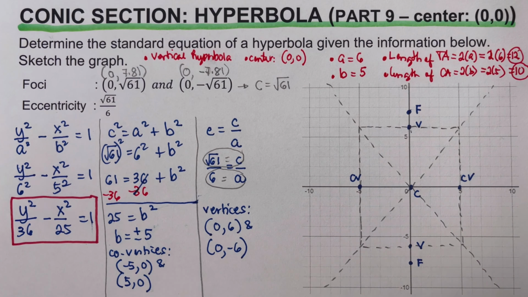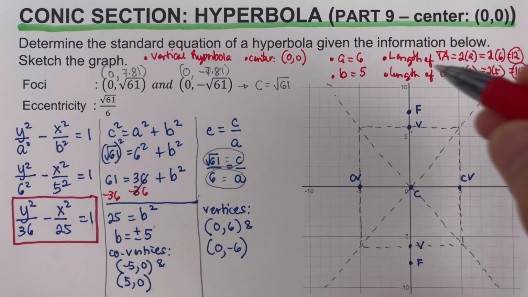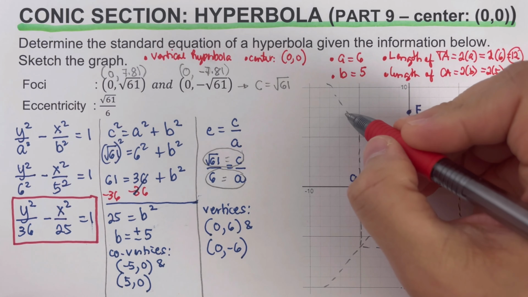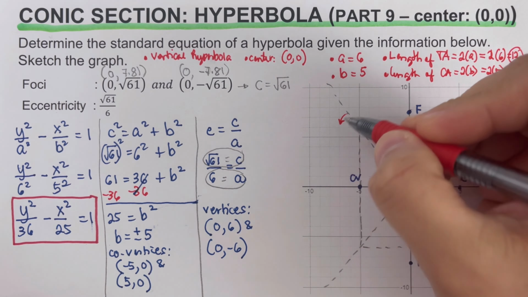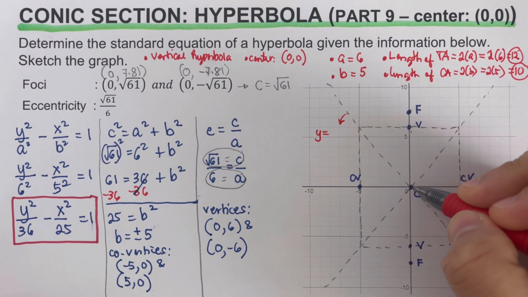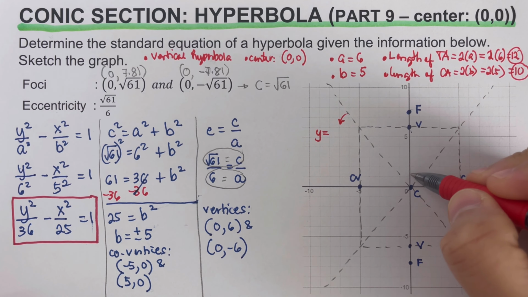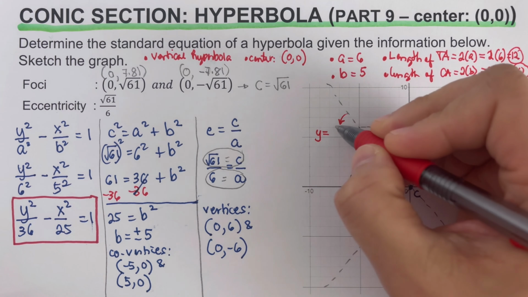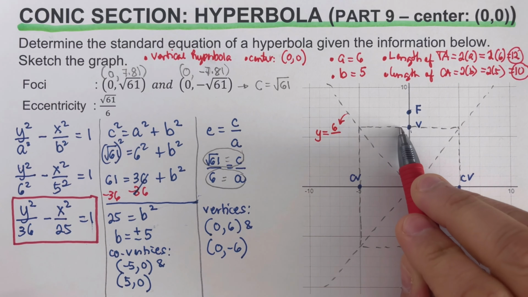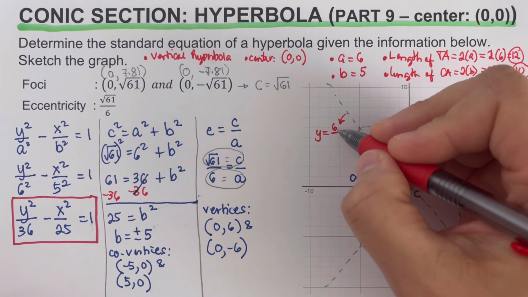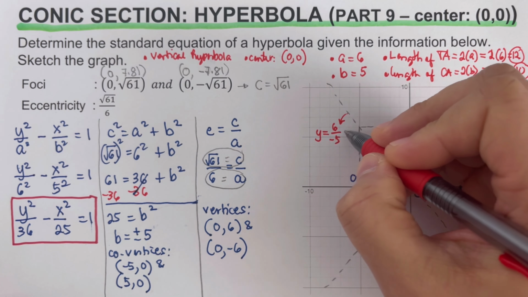Okay, now the equation for this asymptote would be, we're going to start with the one with a negative slope. So this would be y equals, again, we go up and over to the corner of the rectangle. So 1, 2, 3, 4, 5, 6. Then we went to the left. 1, 2, 3, 4, 5. So that is 6 over negative 5x.